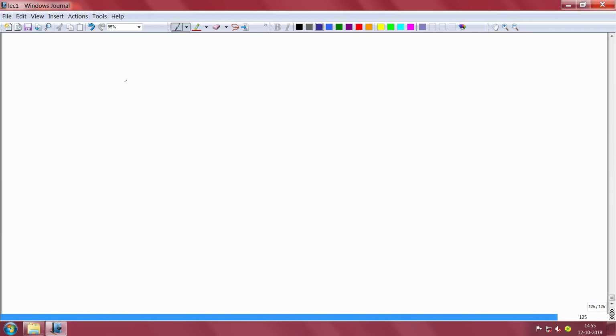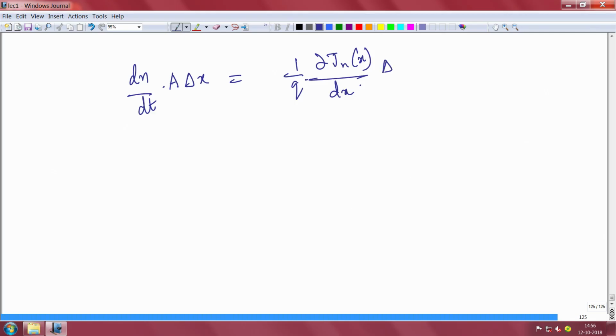I can write dN by dt, of course there will be A into delta x, is equal to 1 by q dJnx by dx into delta x into A plus GL minus delta n by tau delta x by A. So this quantity A delta x will be cancelled out everywhere.